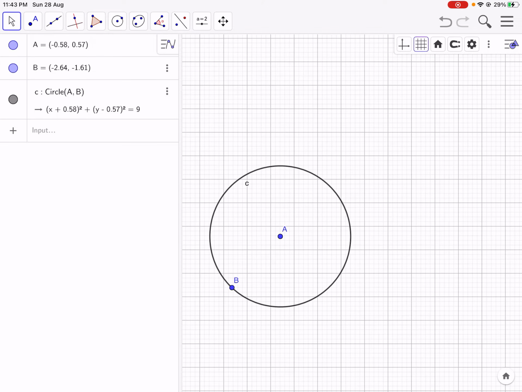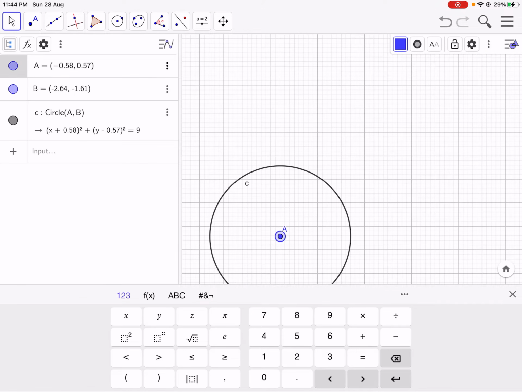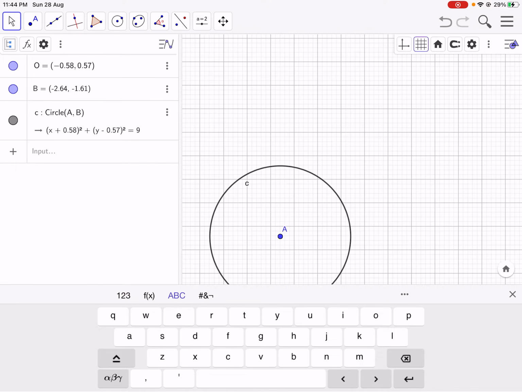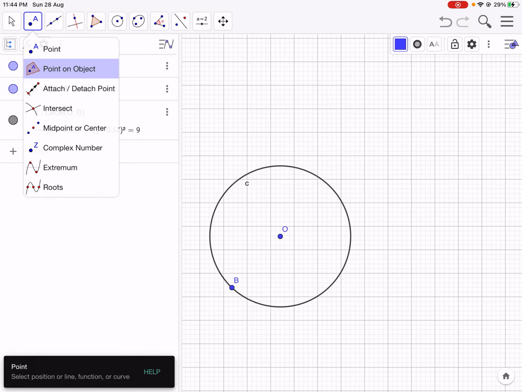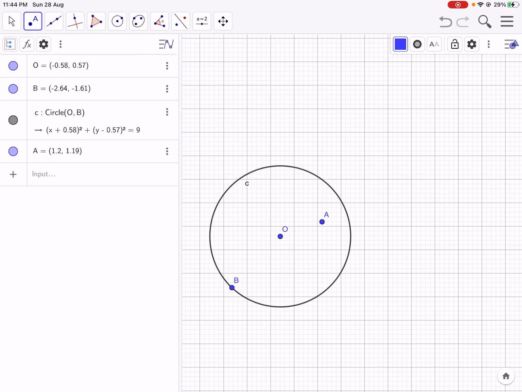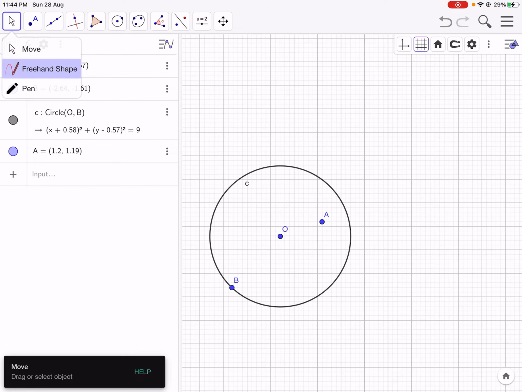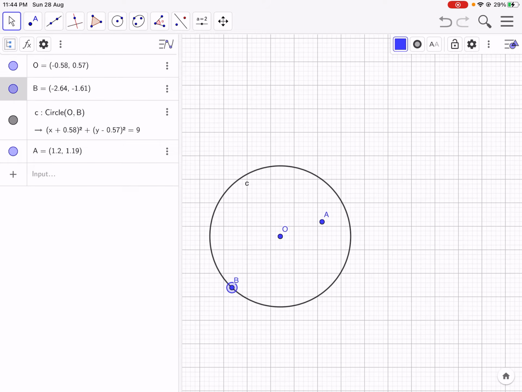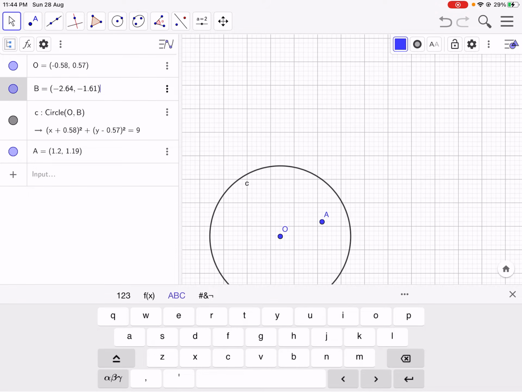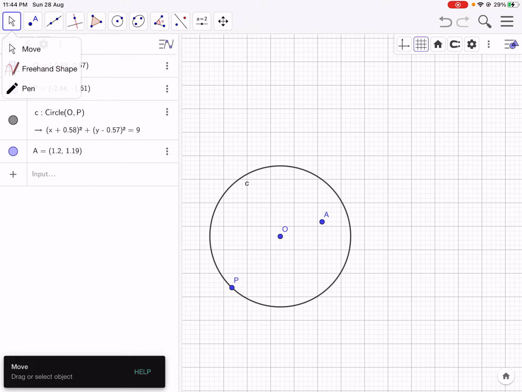Alrighty, the center of the circle was called O in the problem, so we'll rename it as O again so that we don't get confused. And then we've got another point that's inside the circle, which we're going to call A. And then that point B, we're going to rename it as P. Okay, we're good to go.